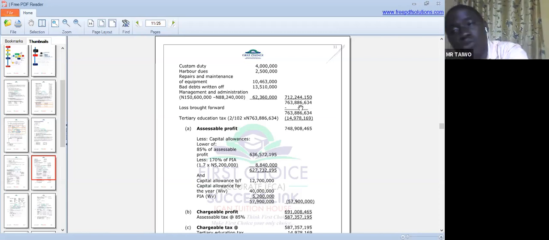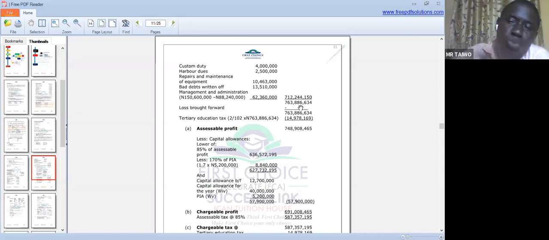Whatever you get, you say 2/102 of it. These two ways were the two ways they use in your current pack. If you check it after this class, the first question, they did not include the losses. In the third question, they included the loss.